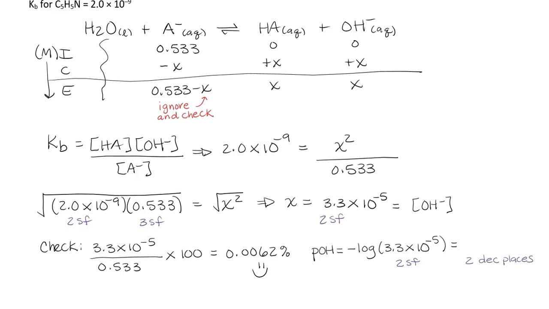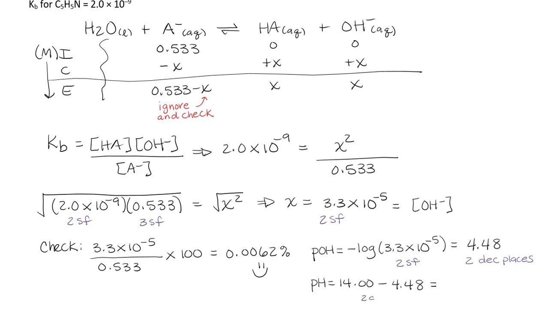Taking the negative log of 3.3 times 10 to the negative 5 to 2 decimal places gives us 4.48. We're not done yet. This is a weak base, so we need to do that final step, which is pH equals 14.00 minus 4.48.